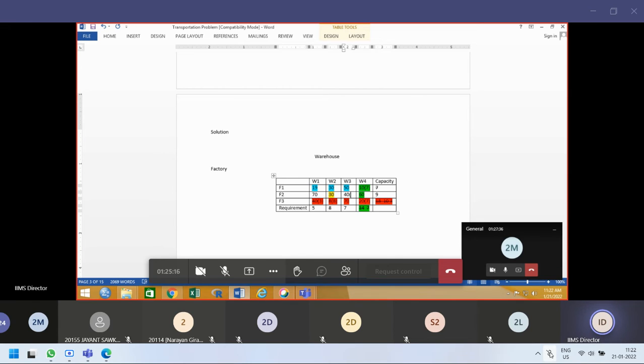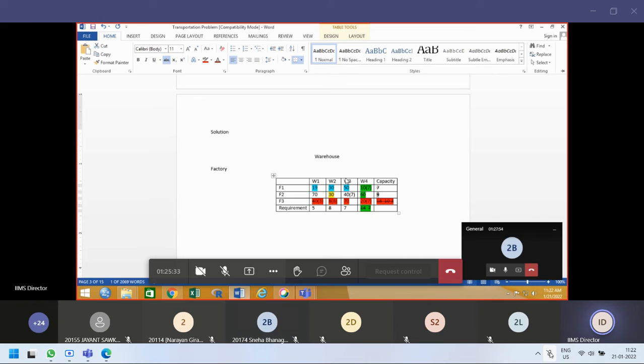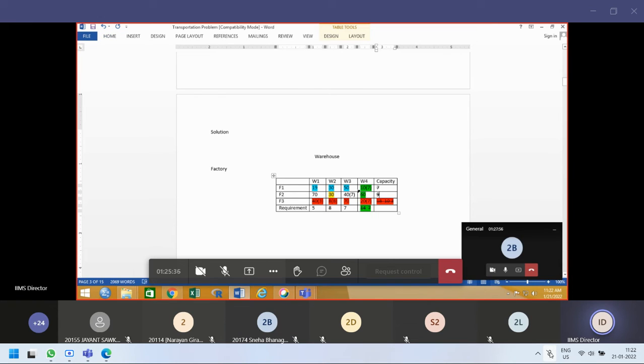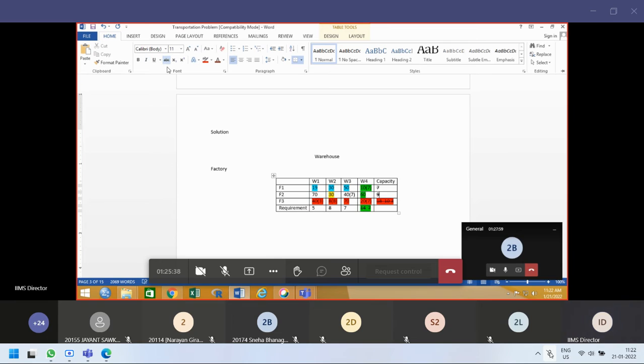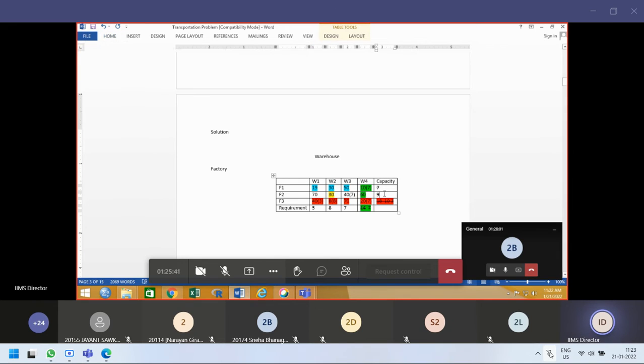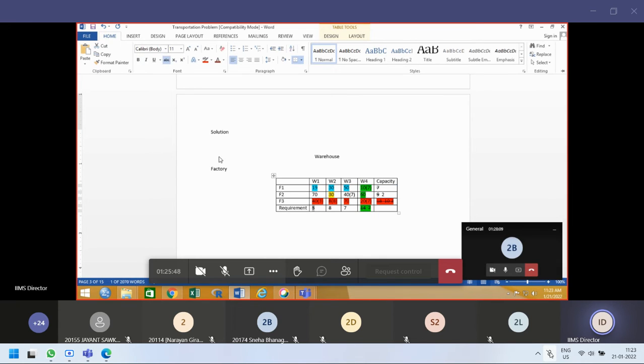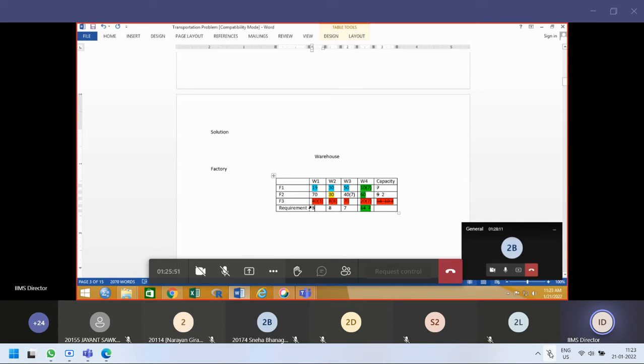Okay, so if I allocate 7 here, how much remains here now? 2. I will cross out this, and here the remaining element is 2. Here also 3 is already allocated, right? So I will cross out this.